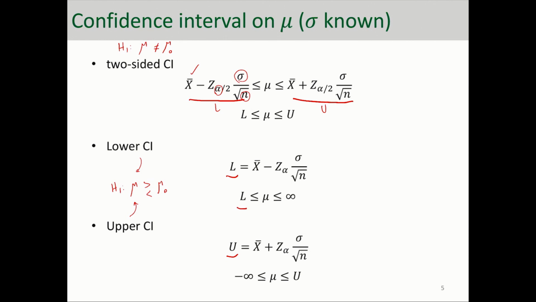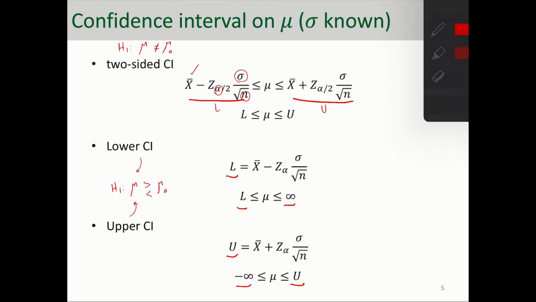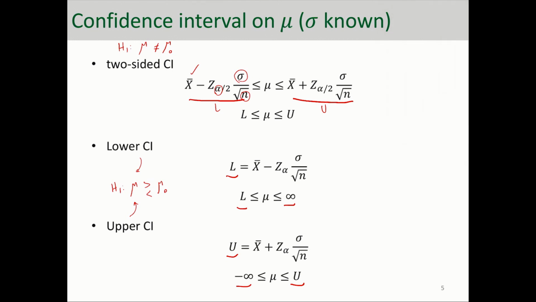So you only care about the lower confidence limit, so the upper limit is infinity, or if you only care about the upper limit, the lower limit is negative infinity. And the change that happens here from two-sided to one-sided test is in this z value. This is z of alpha over 2, and this is z of alpha.